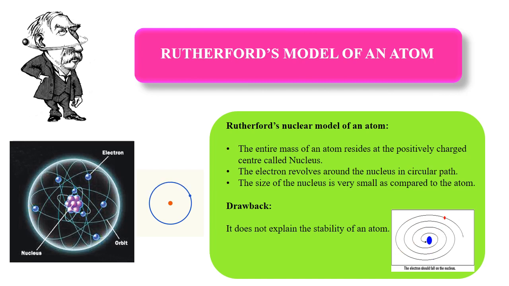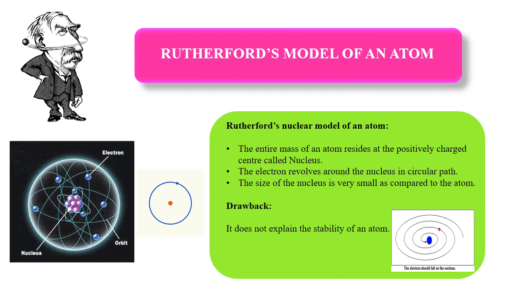The nucleus is surrounded by negatively charged electrons, as we can see in this image as well. These electrons revolve around the nucleus in circular motion. The circular paths followed by the electrons are called orbits, and the size of the nucleus is very small in comparison to that of the atom.